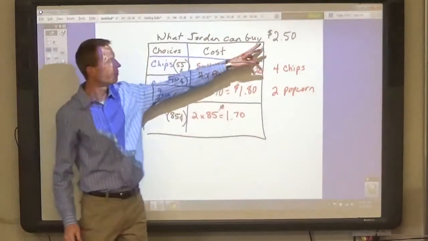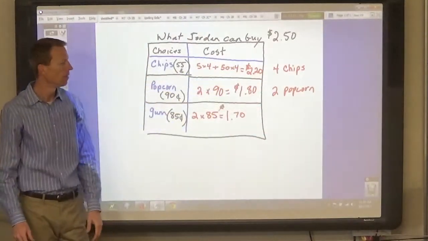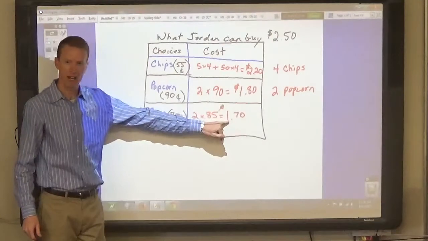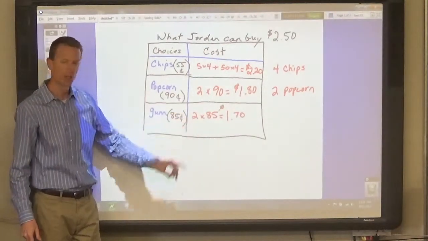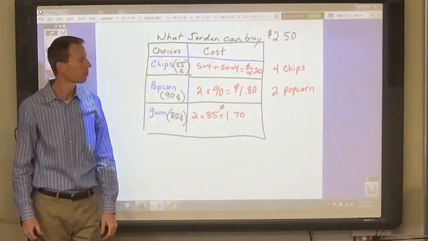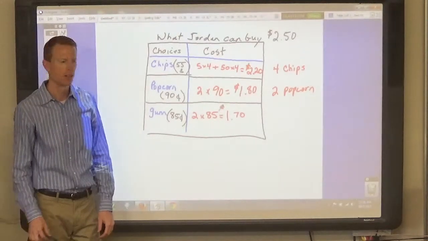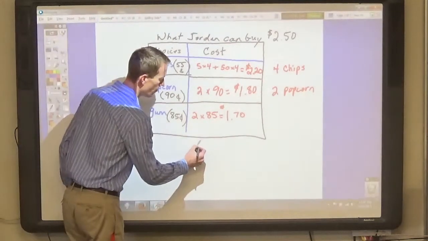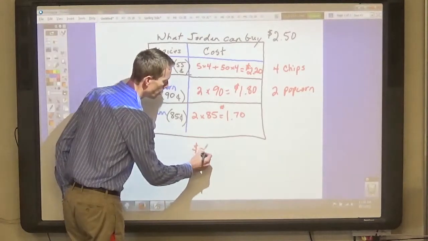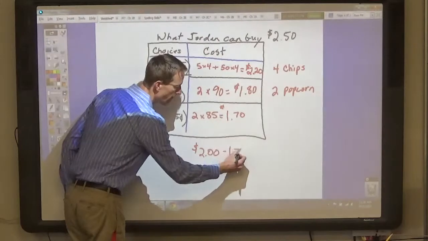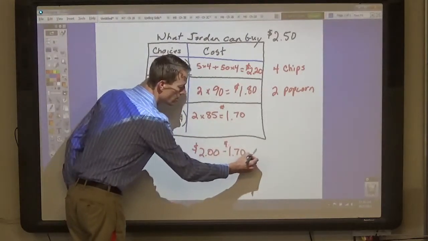If he has $2.50 and he gave them $2 to pay for the $1.70 for the 2 packs of gum, what would the change be? $2 minus $1.70, how much is the change?